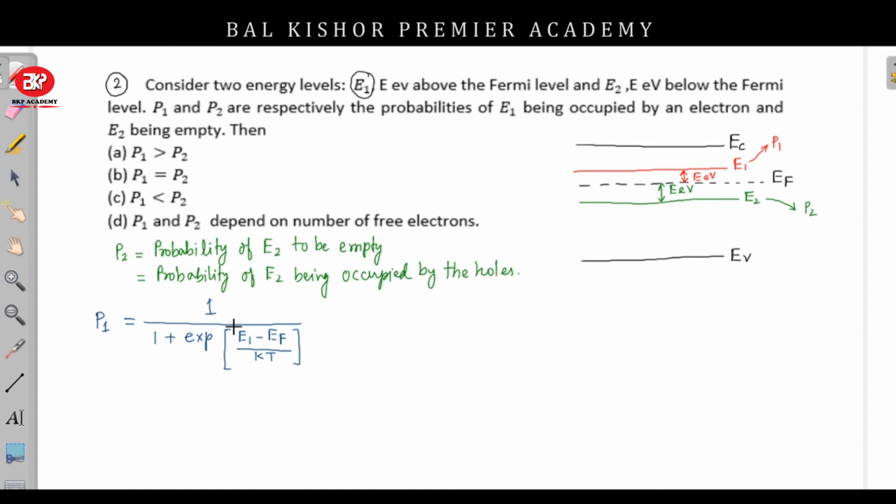So this is the probability of E1 being occupied by the electron. Now E1 minus EF is nothing but capital E electron volt. So we can write here that it will be 1 divided by 1 plus exponential capital E divided by KT.